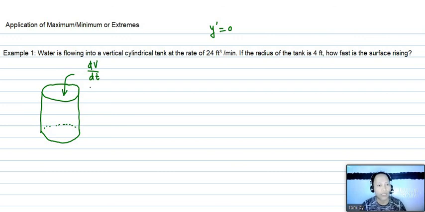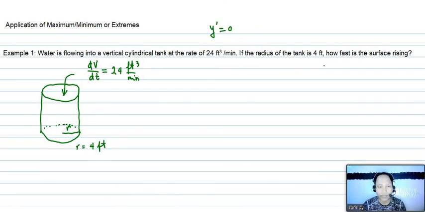That is dV over dt, which is equivalent to 24 cubic feet per minute. If the radius of the tank is 4 feet, so this is our radius, which is equivalent to r. So our r here is equivalent to 4 feet.